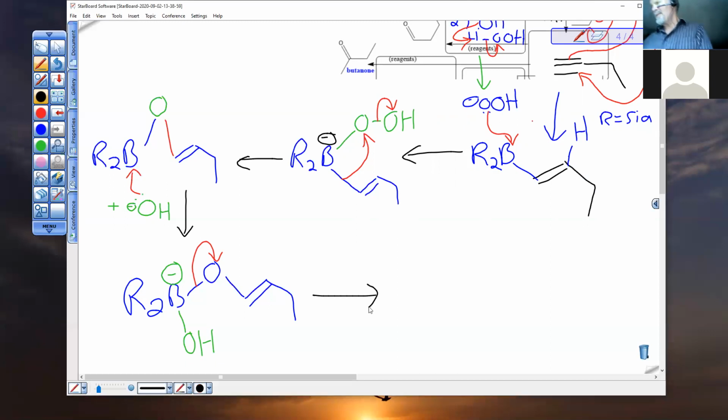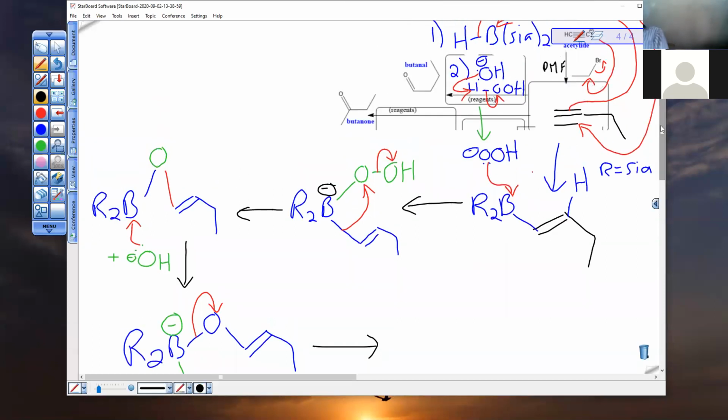In the text, to help us remember the steps in this mechanism, we usually number them. You do not have to number them on tests, but just for old time's sake, the first one was the acid base. The second one was attack.